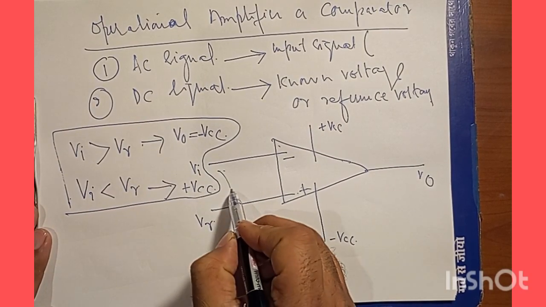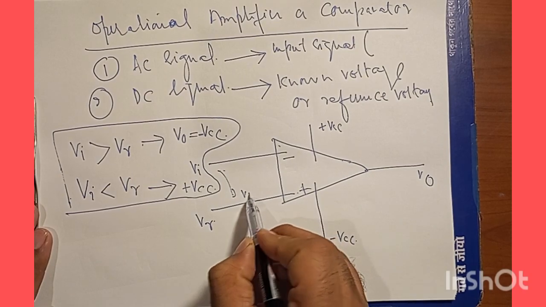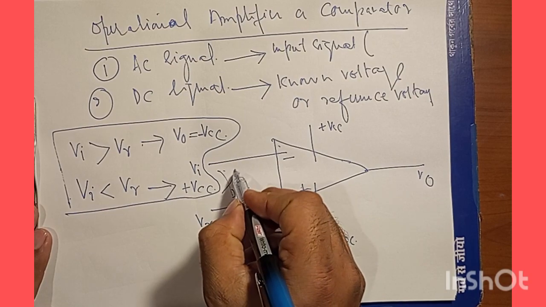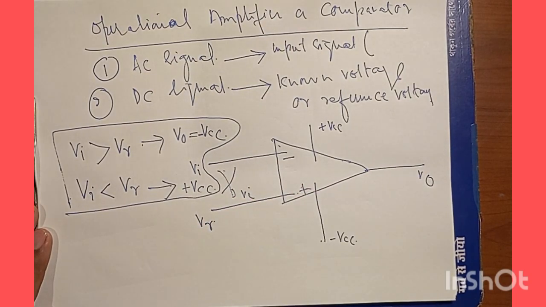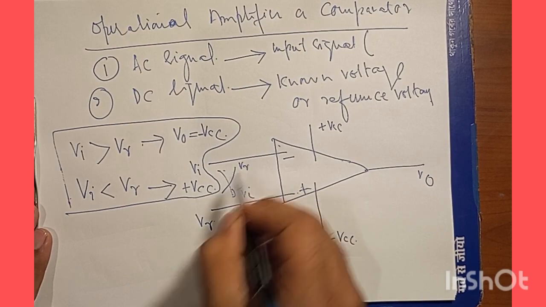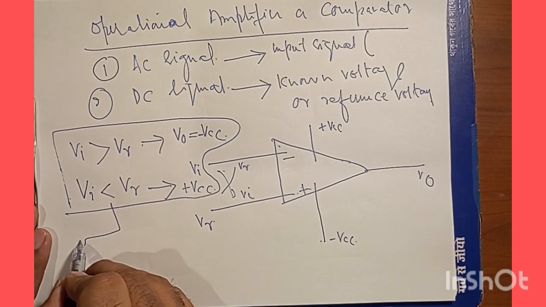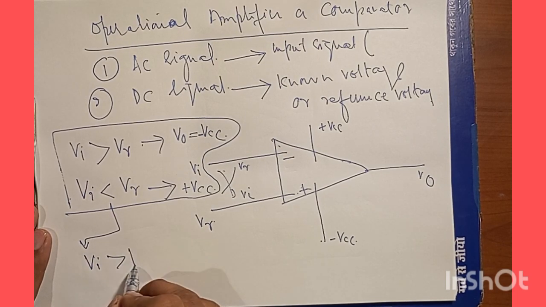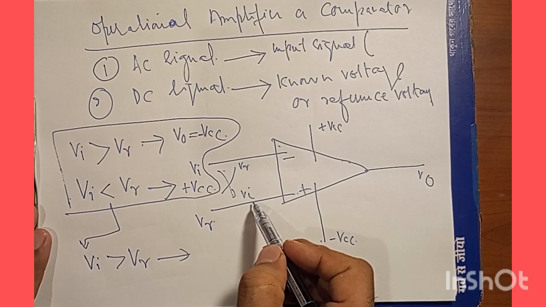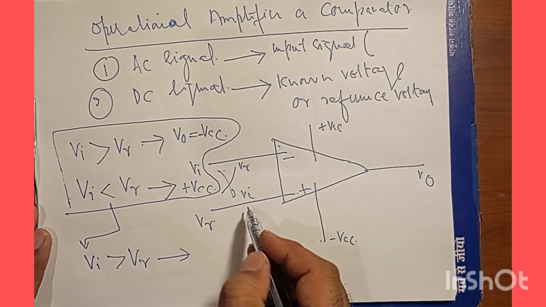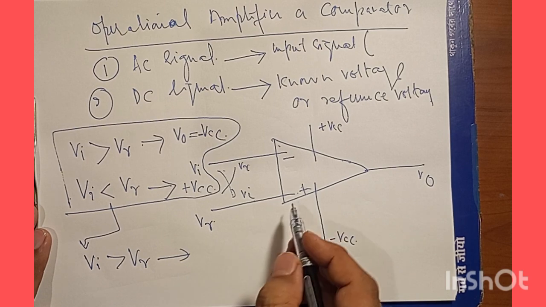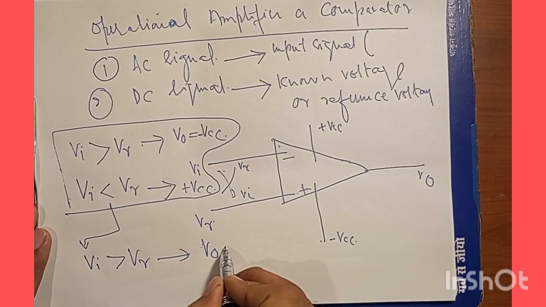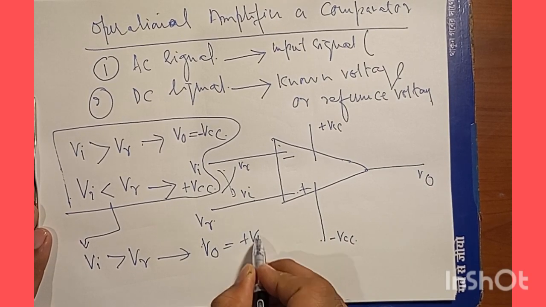Suppose I give VI to the non-inverting terminal of the amplifier, and I give VR to the inverting end of the operational amplifier. So if I have VI greater than VR, the overall output will be positive, plus VCC.